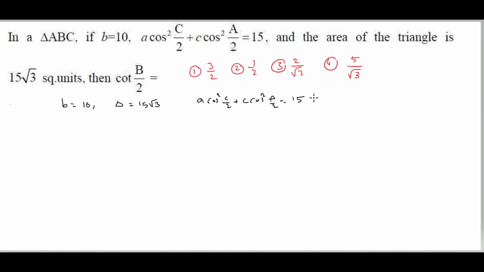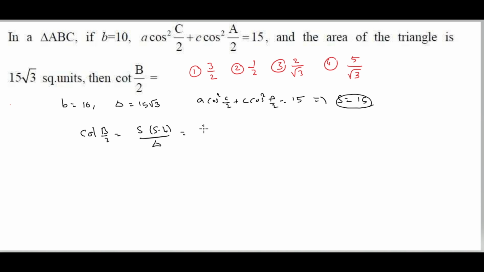From this equation, this value is s, that is s is equal to 15. Here the given data is 15. So now find the value of cot B by 2. Cot B by 2 is equal to s into s minus b by delta.